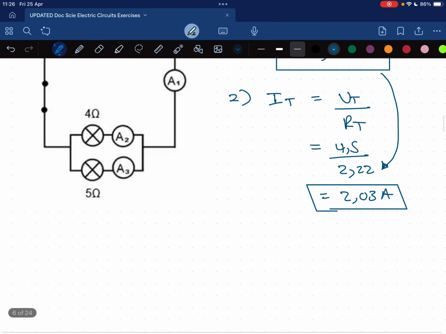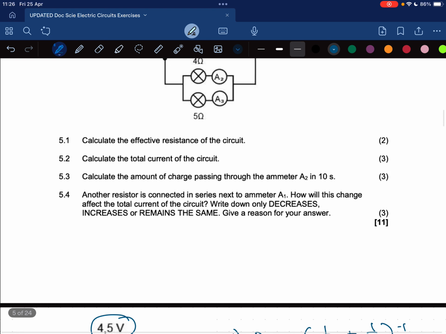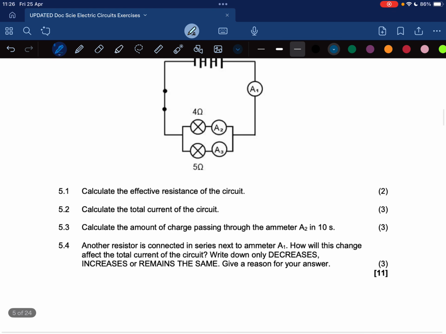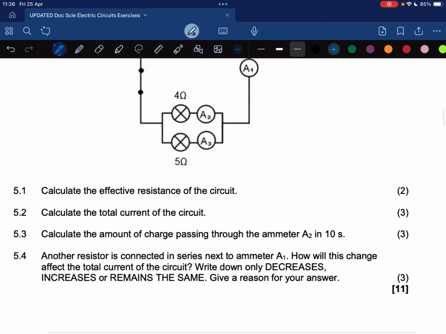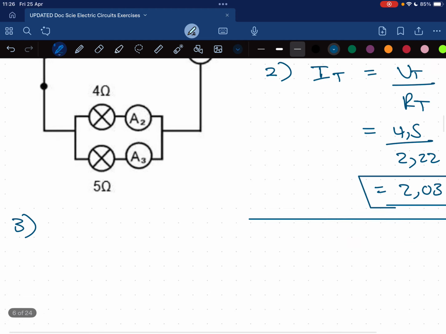Okay, then the third question says calculate the amount of charge that is passing through ammeter A2 in 10 seconds. So it wants charge Q in 10 seconds, delta T, so that has to do with current.